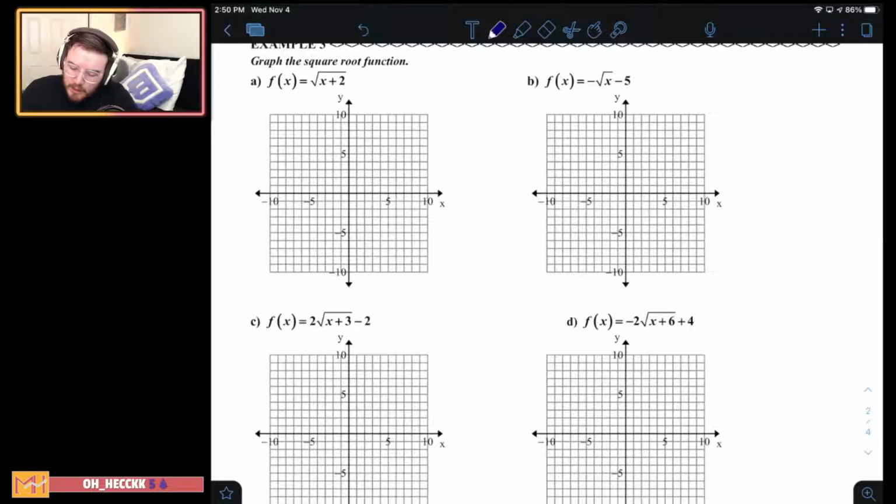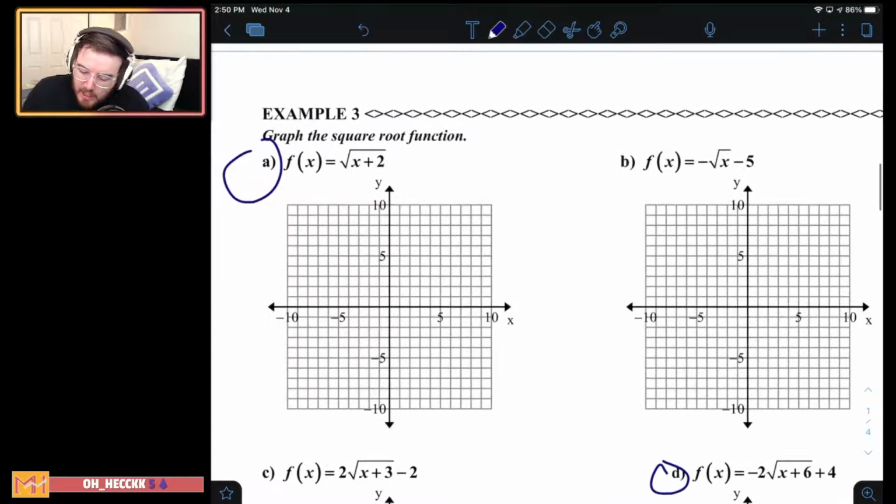Let's do D and A. I don't want us to be too stressed about the stretching and the shrinking and making the graph exact. I want us to just have a general vibe for the right thing. So I look at this and I see left 2.